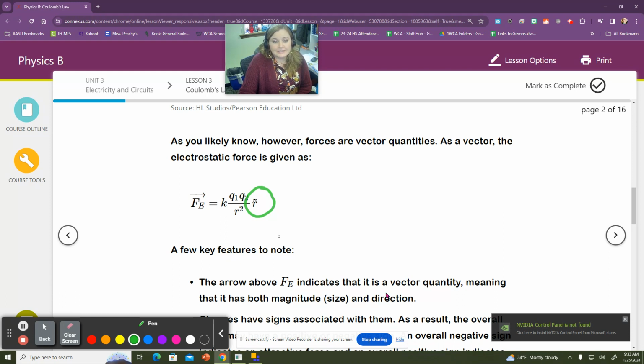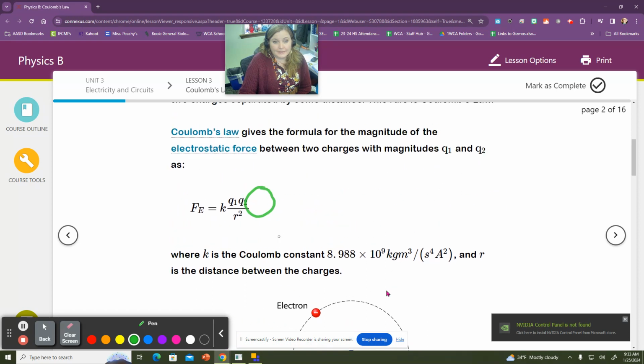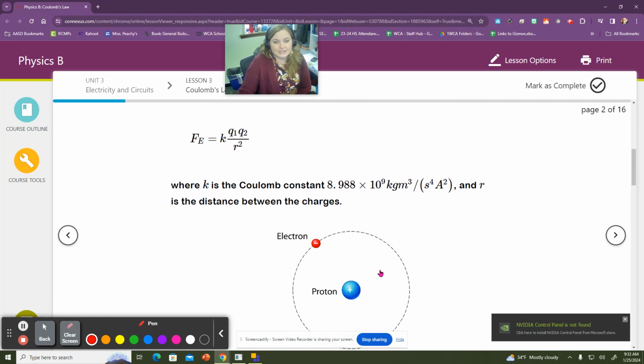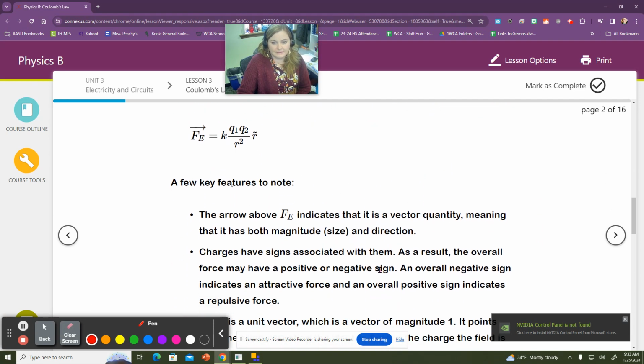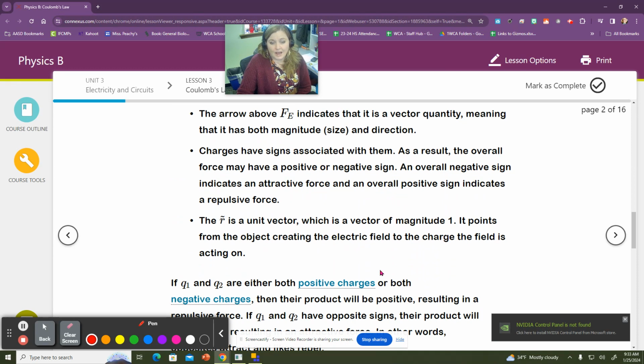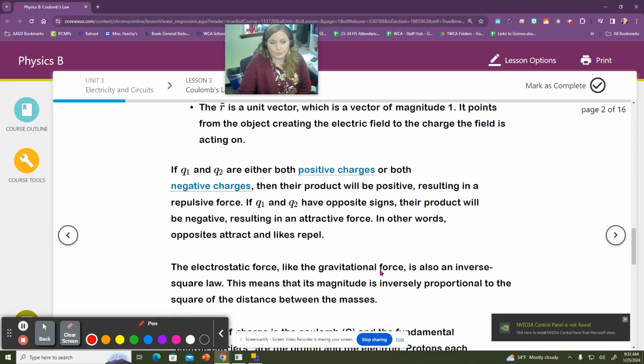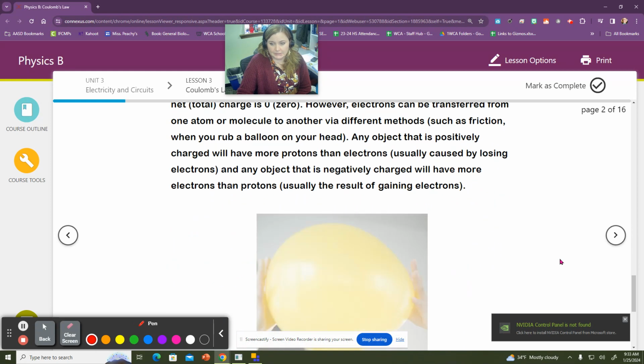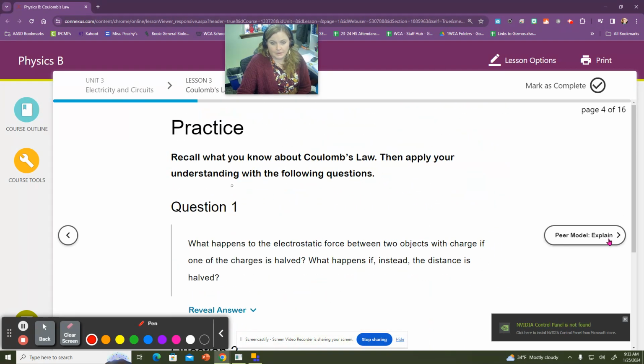Its magnitude is 1, so it doesn't contribute any value to the magnitude in your problem. It's not going to change the math. This will still be how you come up with a magnitude, and then it's just going to tell you the sign, negative or positive. So honestly, I'm not really concerned too much about that.